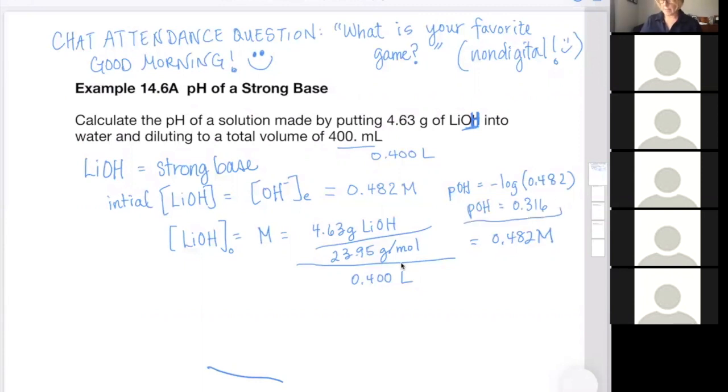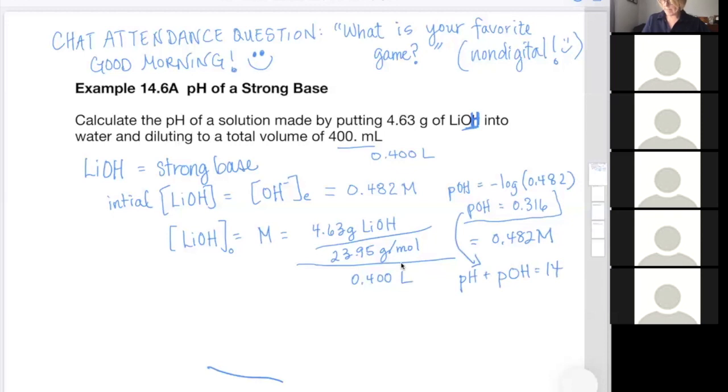So there is the answer. And this should say pOH, by the way. Oh, wait a minute. Nope. It should say pH. Now that we have pOH, we have to do one more step. Remember, pH plus pOH is equal to 14.